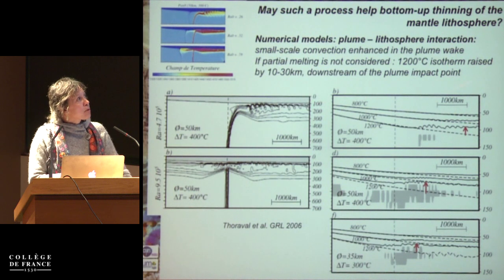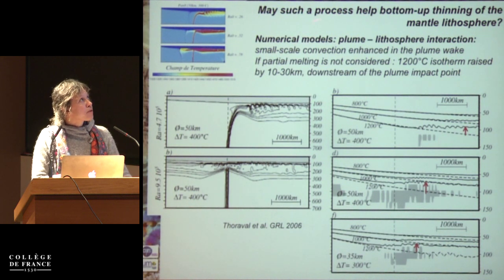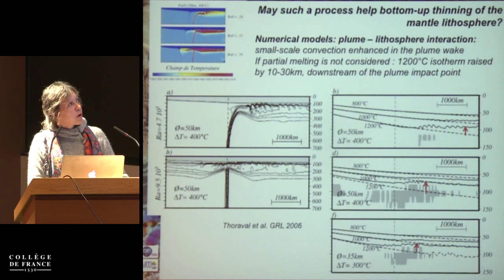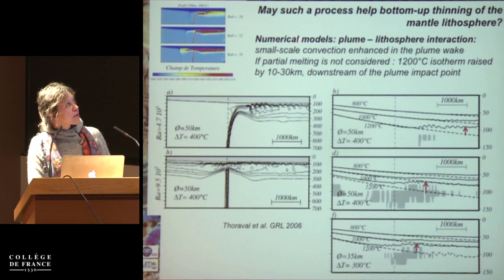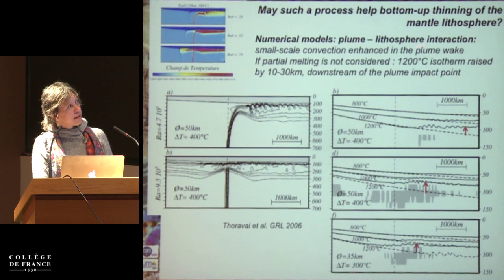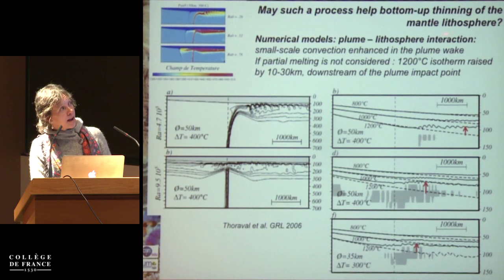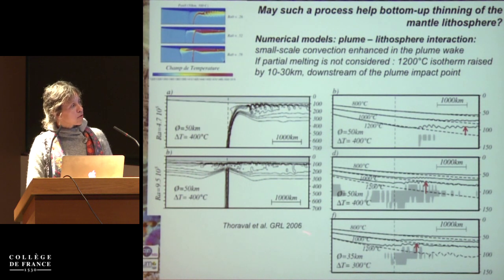So we also tried to look in some models to see if such processes may help bottom-up thinning of the mantle lithosphere. We build on old models that I'm showing here, where we look at the plume-lithosphere interaction and see if the small-scale convection, which is stronger in the plume wake because you have higher temperatures and lower viscosities, can be enhanced.